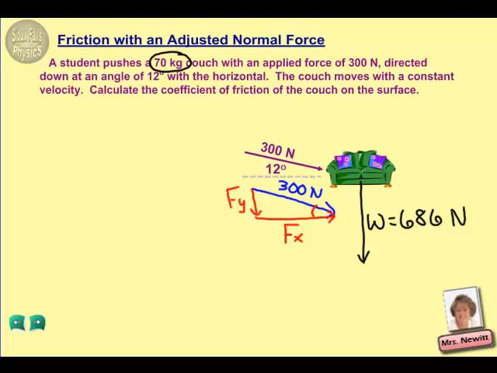To do this, we've been given the angle of 12 degrees. So now we're back to a little bit of trig here. It doesn't really matter which order we do these in. We'll start with the y component, which is opposite. So the sine of 12 degrees would be opposite over hypotenuse, and that then would be the opposite side, F sub y, over the hypotenuse of 300 newtons.